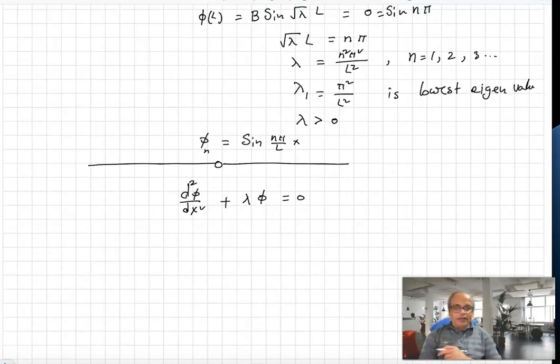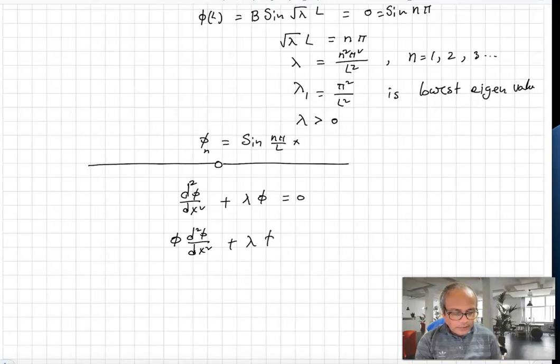If we know how to do that, then we can apply this technique for a few other equations. It may not work for every equation, but it will work for some more. Okay, so multiply this equation by phi. That's the trick we'll be doing here.